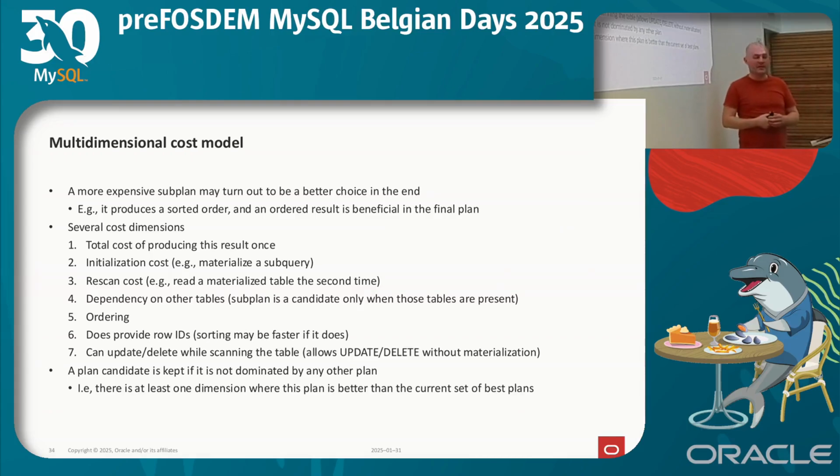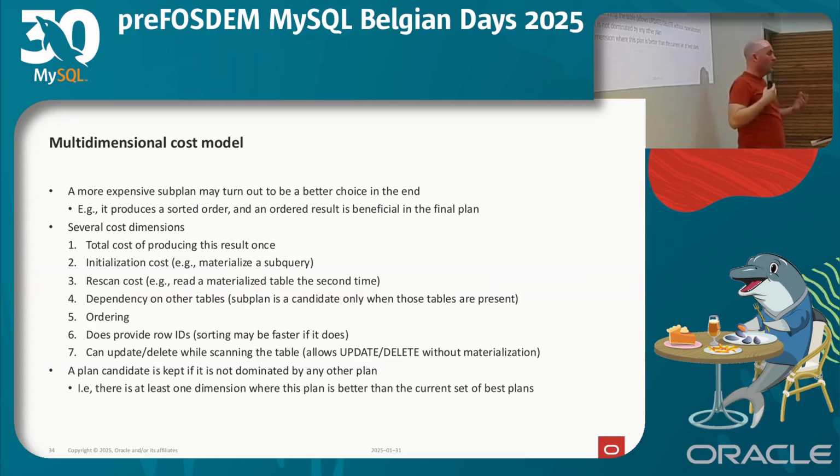And sometimes a plan with a high materialization cost has a really low rescan cost. So materializing a subquery is quite expensive, but rereading that is quite cheap. Maybe we have another plan that really recomputes that thing over and over again, that has a higher rescan cost, but a lower initialization cost.